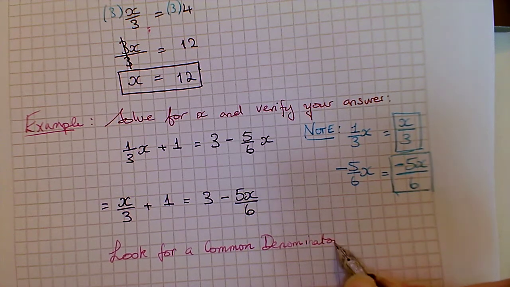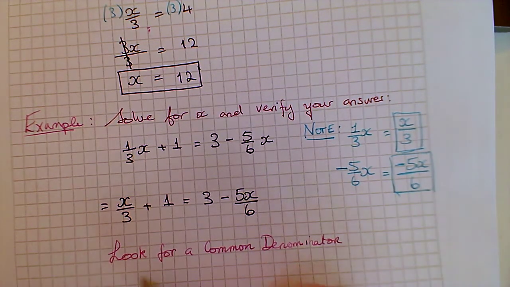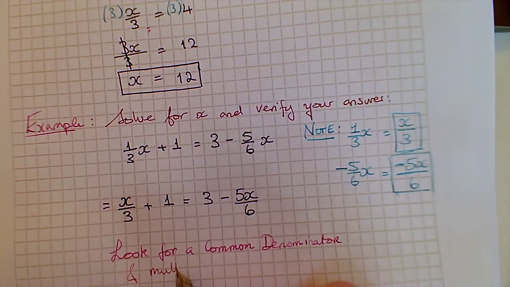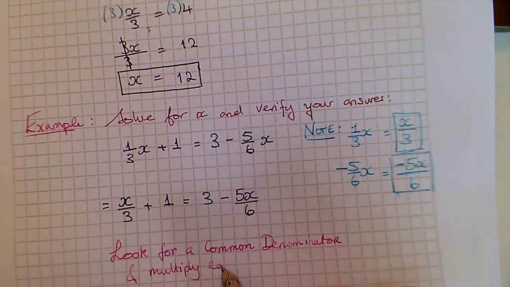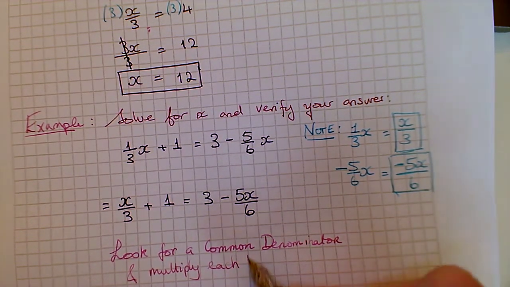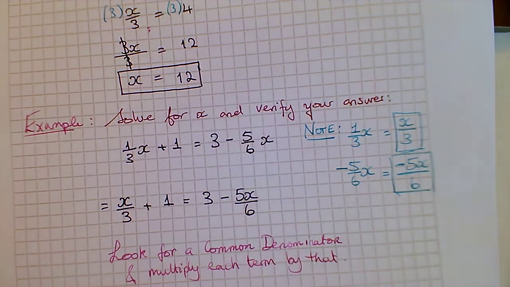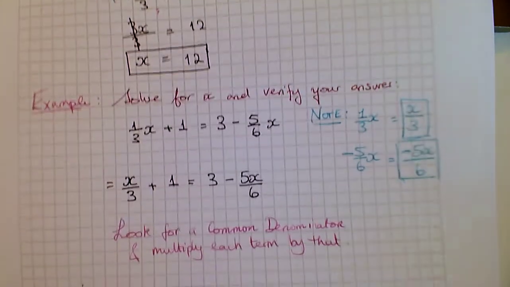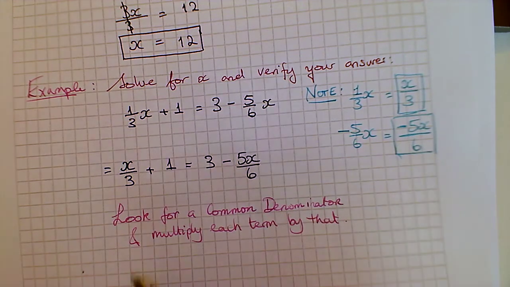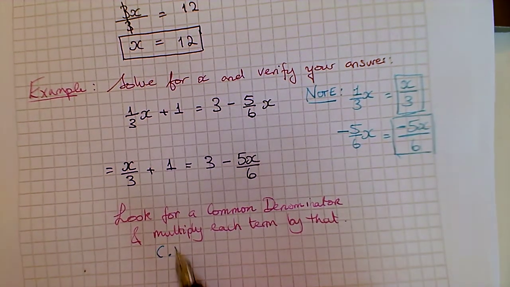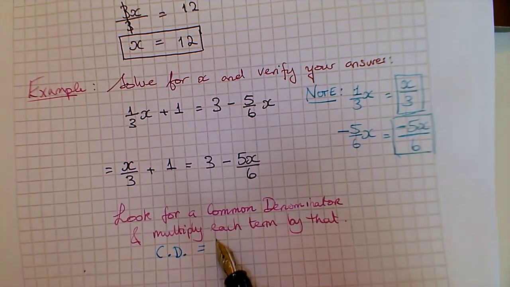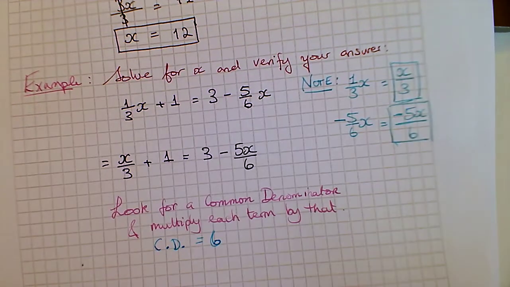A common denominator is a number that they all divide into, and we multiply each term, both sides, each term, by that. So what's my common denominator? What's the number that all of the denominators will divide into? Hopefully you can see my common denominator, which I write down as CD, is 6.